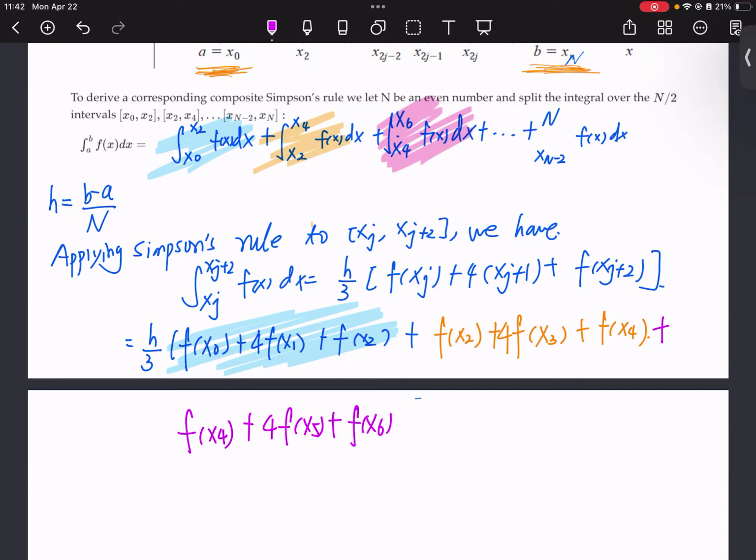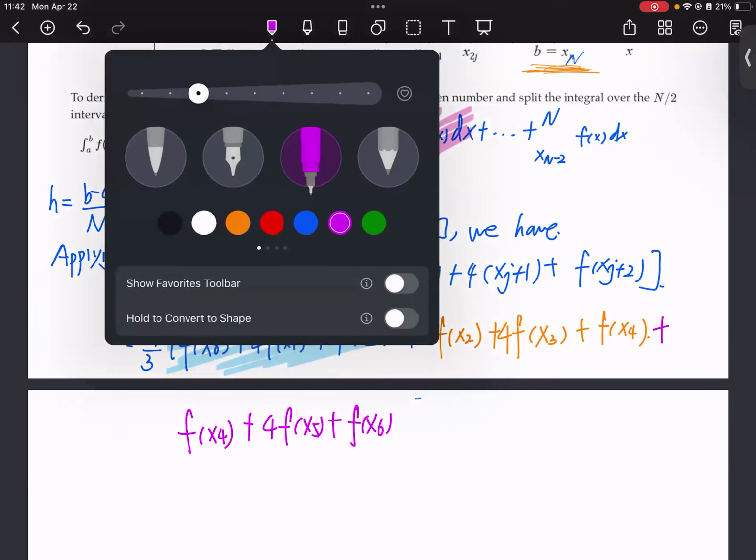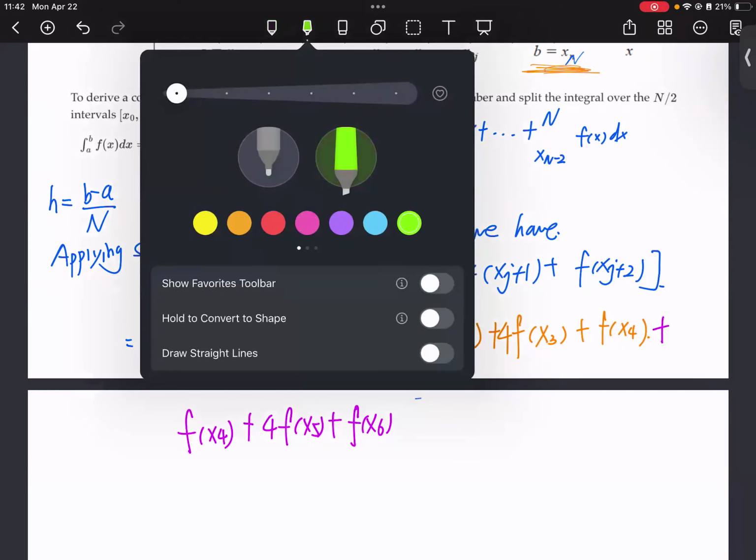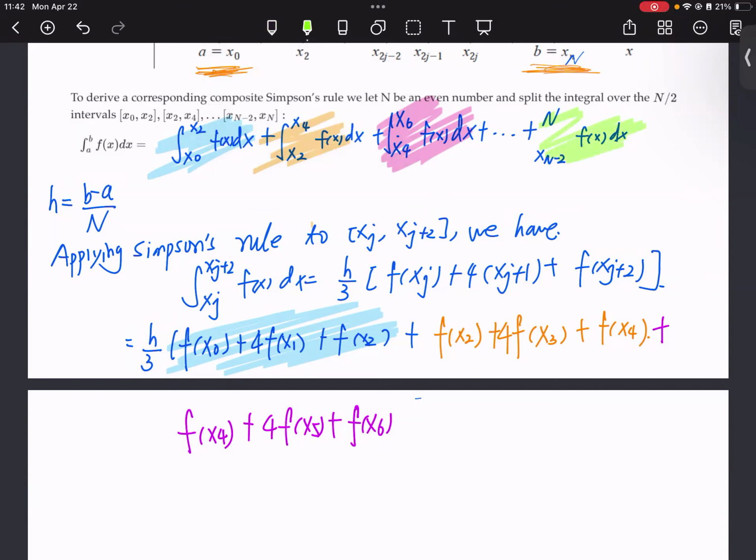And then at the end, you have, let me just write that down in case it is confusing. So for the last item here, we got f(xn-2) plus 4f(xn-1), and then plus f(xn), and then you will see immediately from here, the last item is with the coefficient 1.